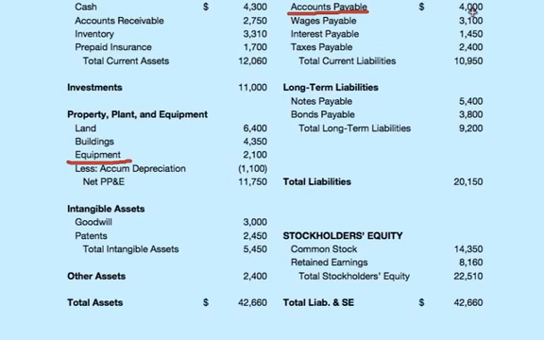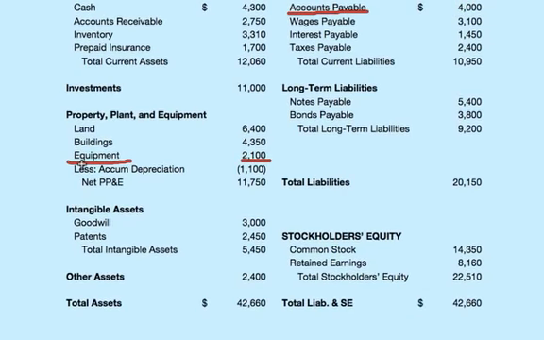So the 2,100 of that is what they owe for purchasing this equipment that shows up in their assets. Those are the two ways that the liabilities and the stockholders' equity account for what's in the assets portion of the balance sheet.